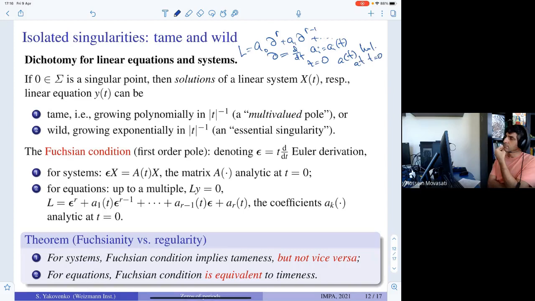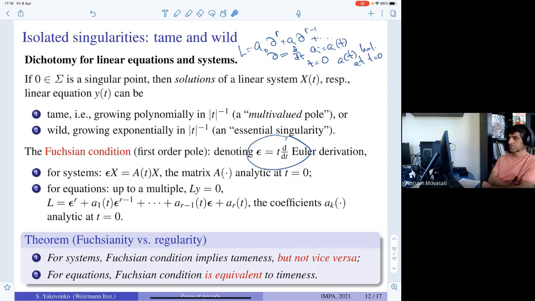The problem with a singularity is that the order of the root of a0 is larger than the order of the roots of all our other coefficients. So instead of remembering those orders, you need to re-expand it in terms of the Euler operator, which is t d over dt.